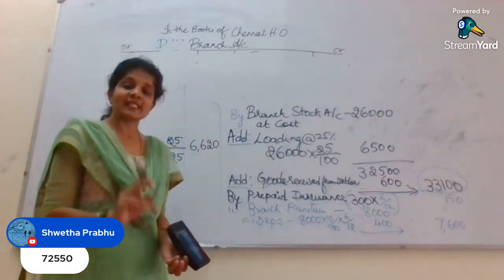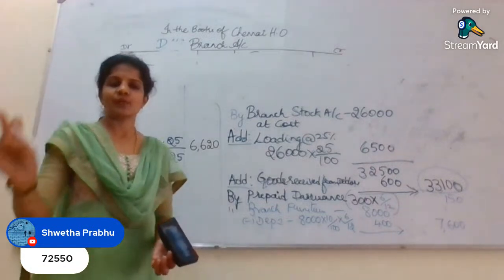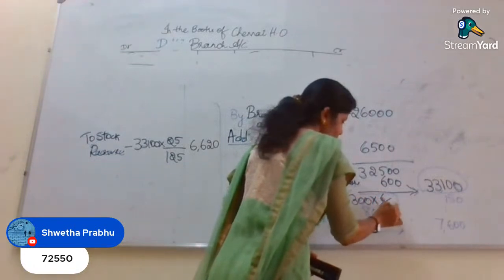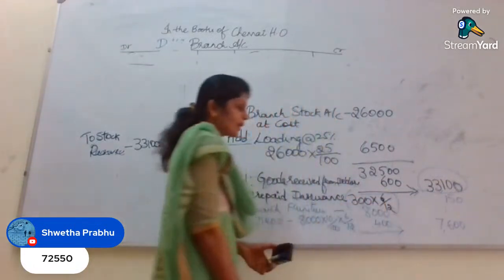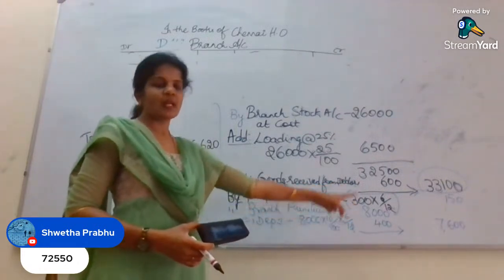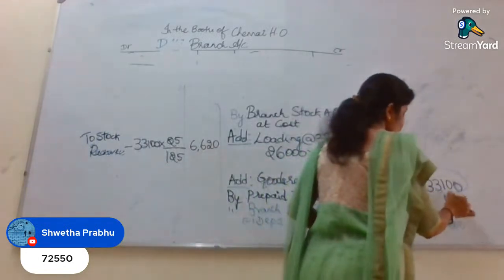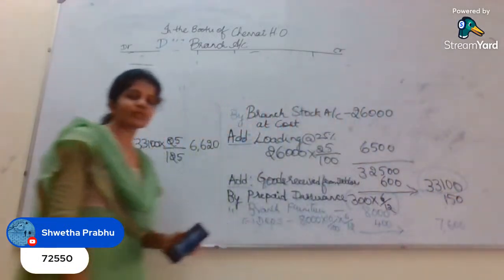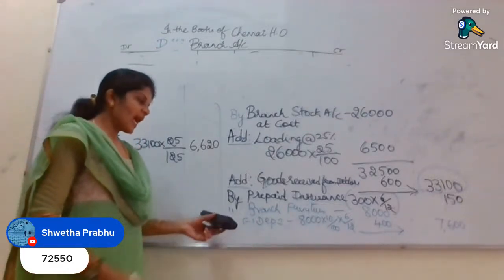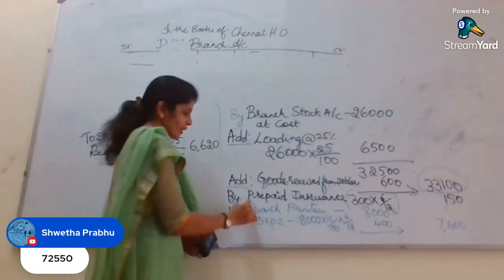For 6 months, till June 30th, from January to June. So out of 12 months, 6 months have been paid in advance. The amount of 150 we have to show as a closing asset, because it is a current asset, correct?